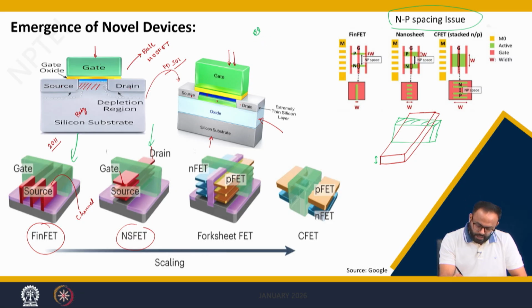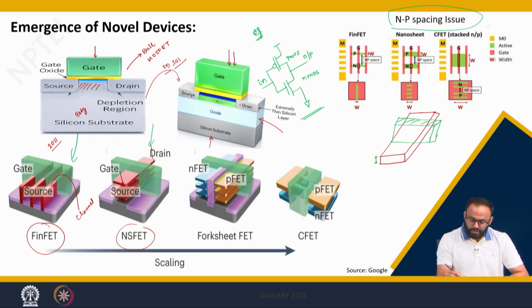For example, if I take a CMOS inverter, generally we design the CMOS inverter by connecting a PMOS here and NMOS here, and we short the gates, apply the input here and take the output from the drain. In this basic logic application of CMOS inverter, we require both the transistors, that is N and P. So, now suppose I want to design a CMOS inverter using FinFETs or nanosheets, then I need to maintain a sufficient spacing between these transistors.